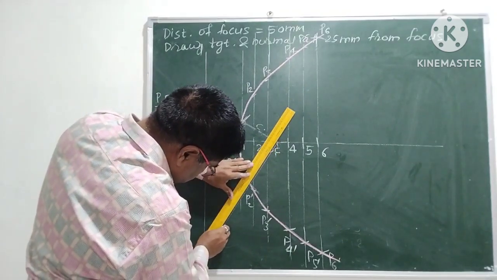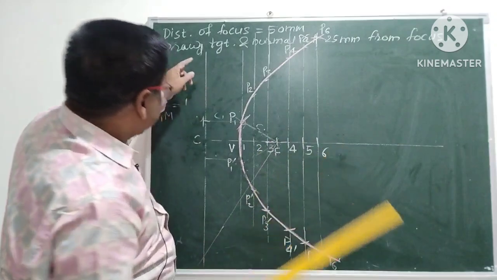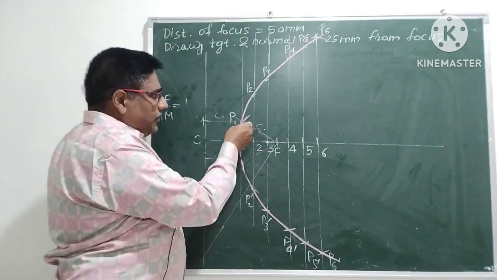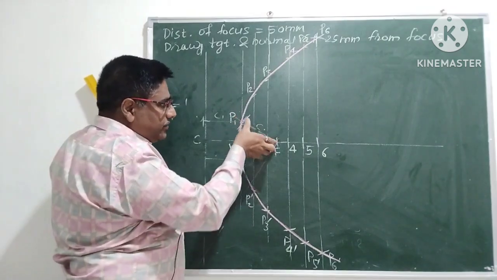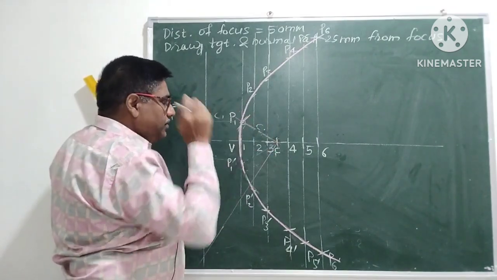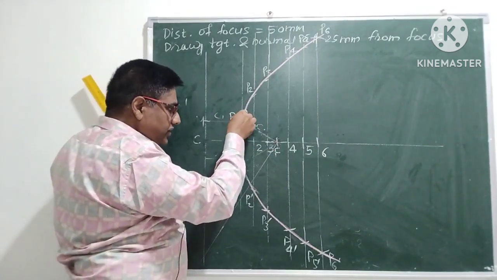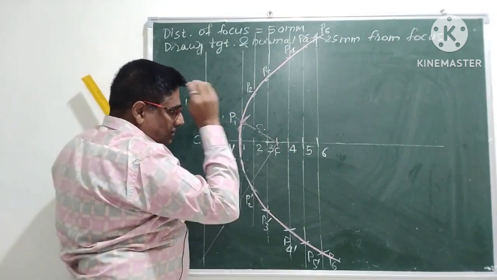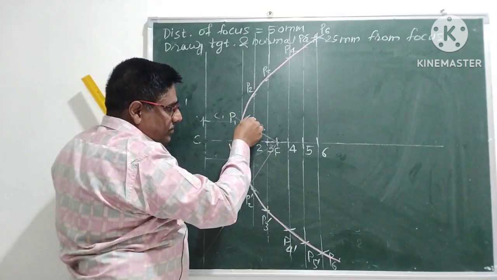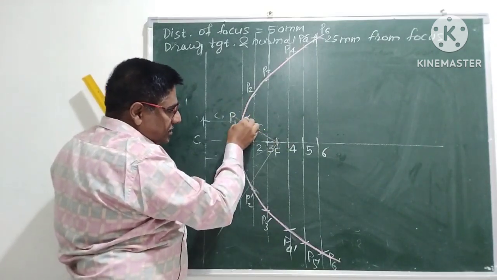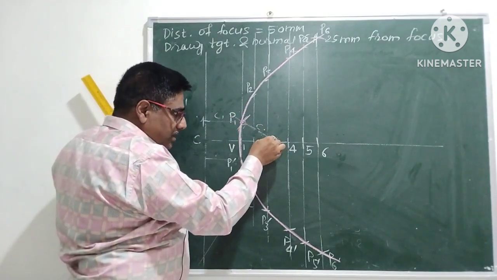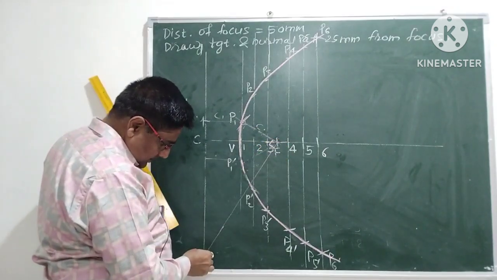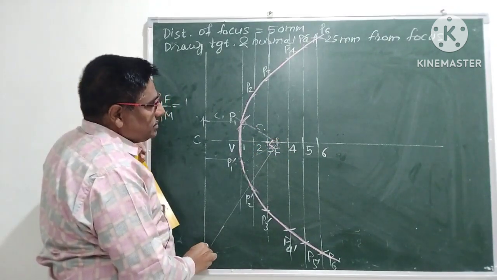Extend this line such that it cuts the directrix at some point. What we have done: we have located this point which is 25 millimeters away from the focus. We have joined this point and the focus with a line, and drawn another line perpendicular to it, which cuts the directrix here.